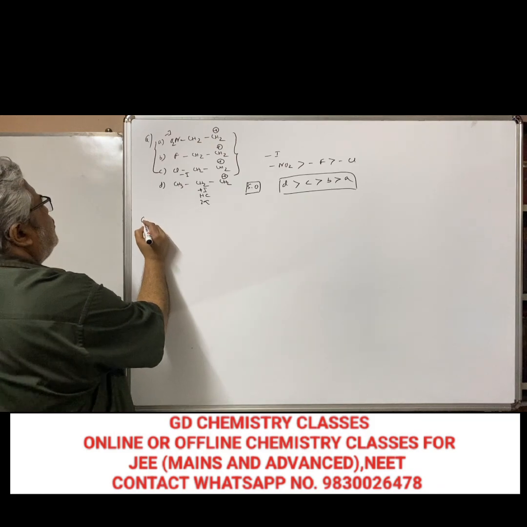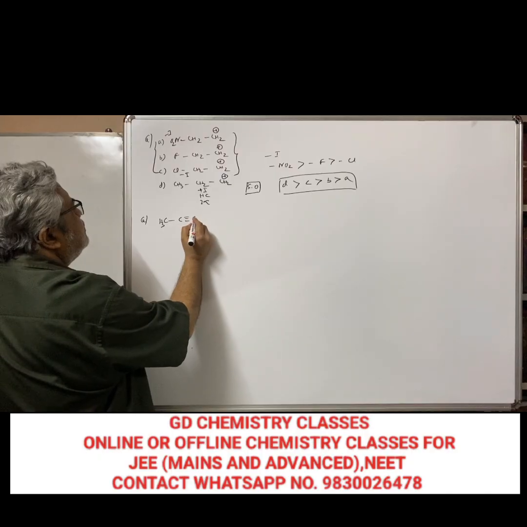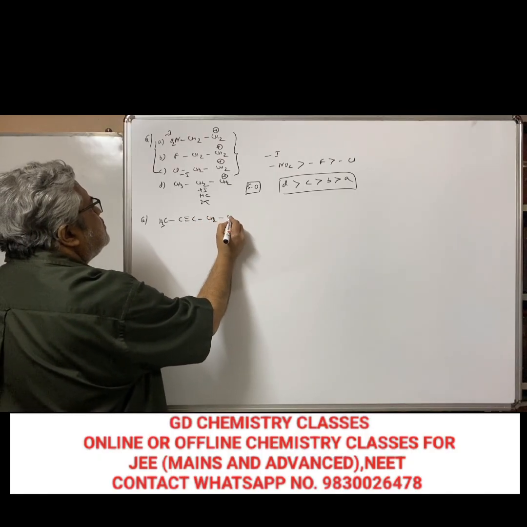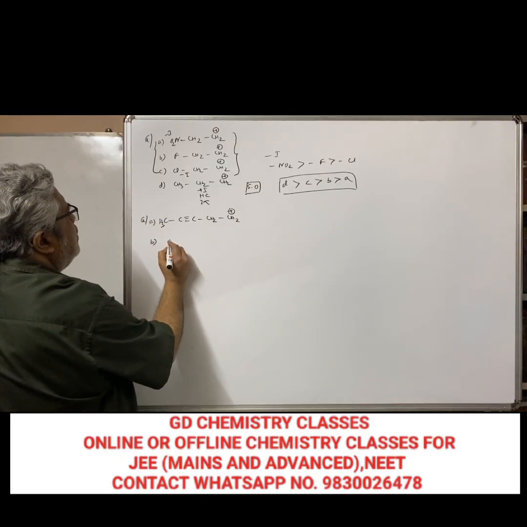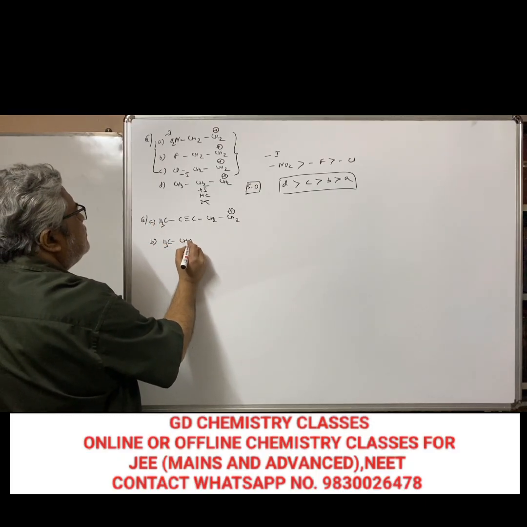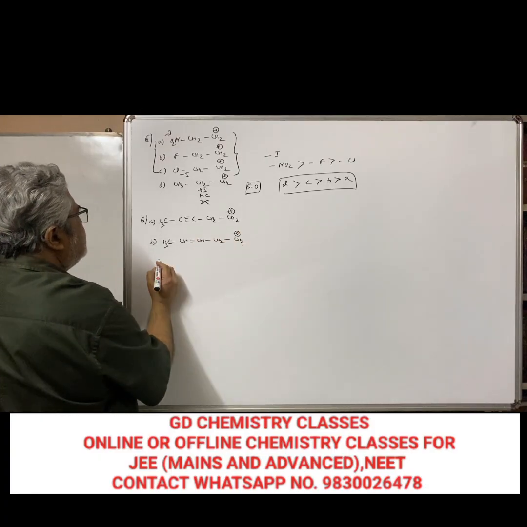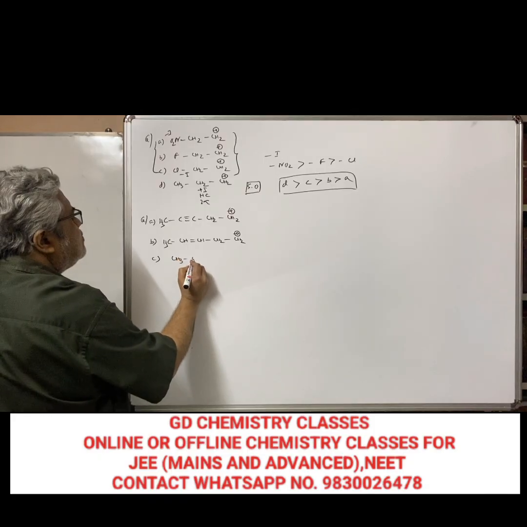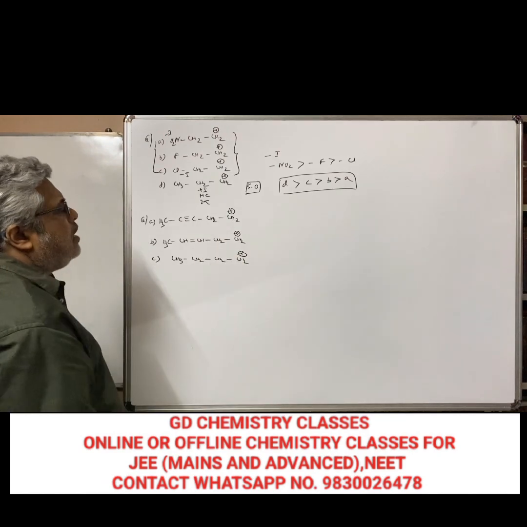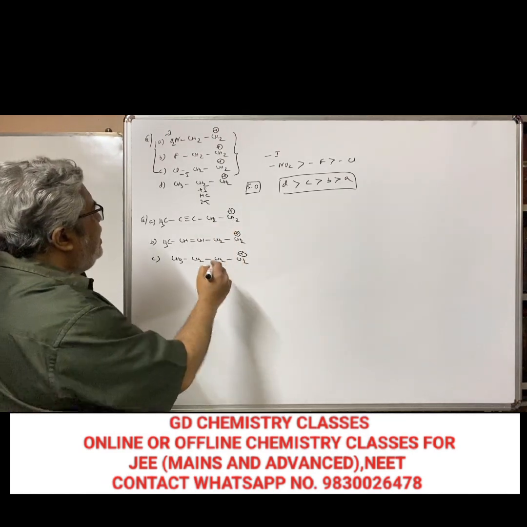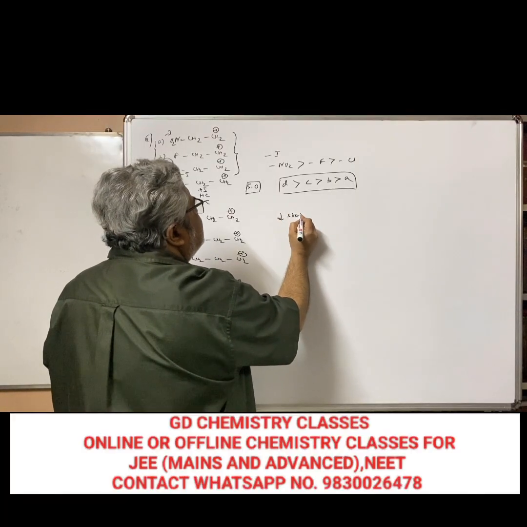If I consider another question, this is also quite simple. Suppose we consider these three, again A, B, C, and you have to arrange them in order of decreasing stability.